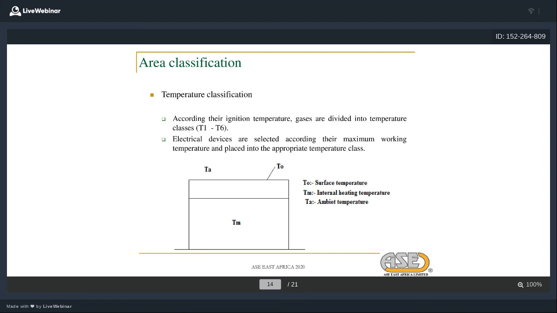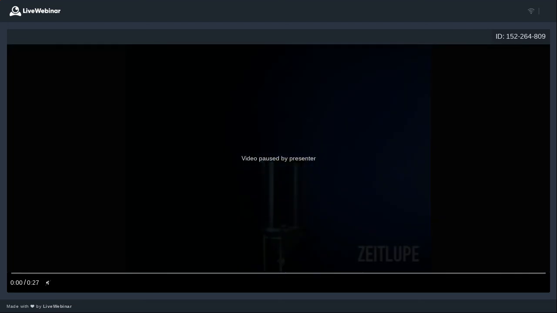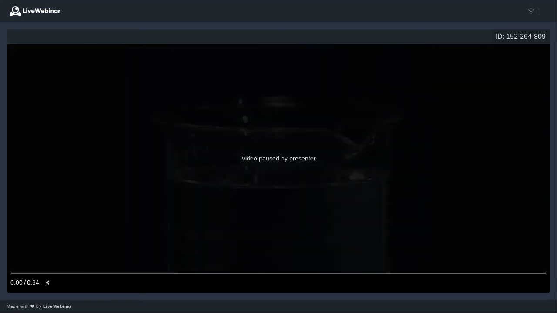But before this, watch this. We talked about dust, we talked about gas. See here how this explosion occurs.